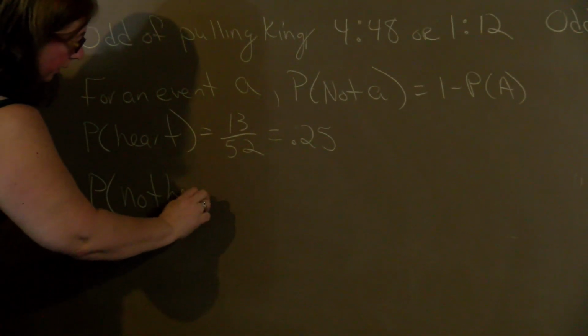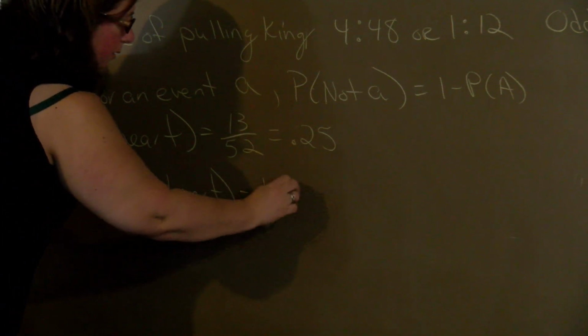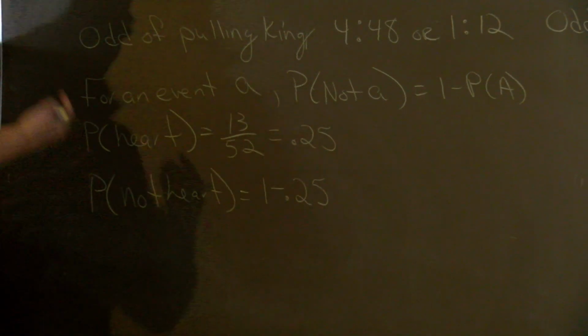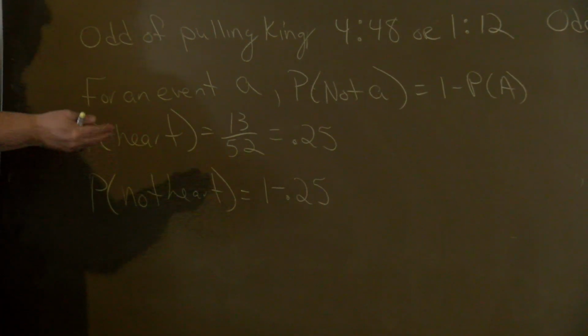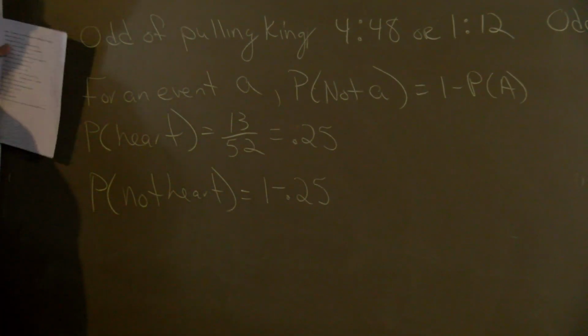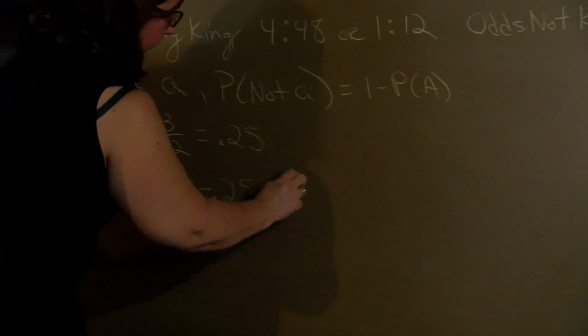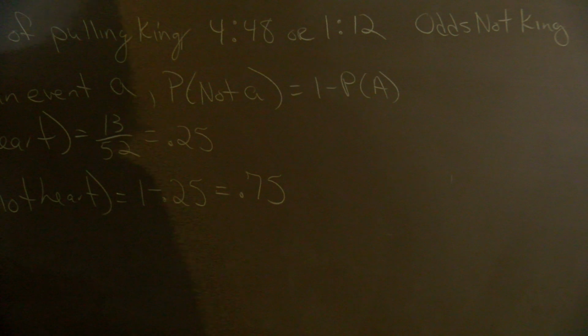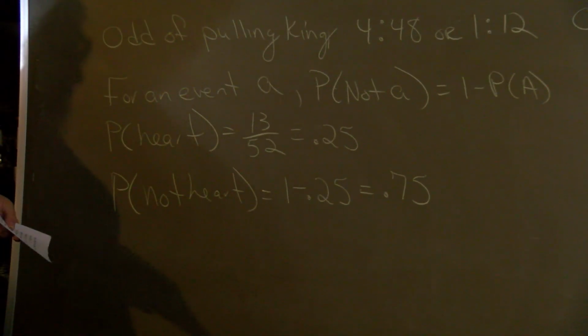The probability it's not a heart, then, is 1 minus, and I use the decimal because it's a little easier to subtract by decimals than fractions. If you use a fraction, you have to have a common denominator. But the probability it's not a heart is 0.75 or 3/4.